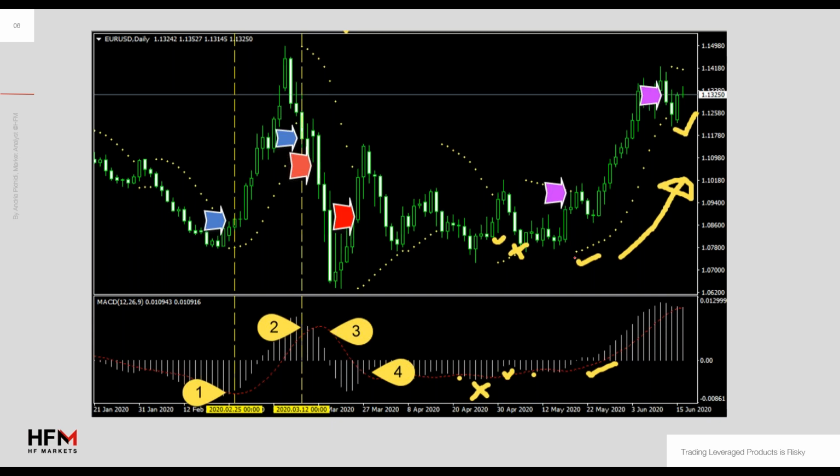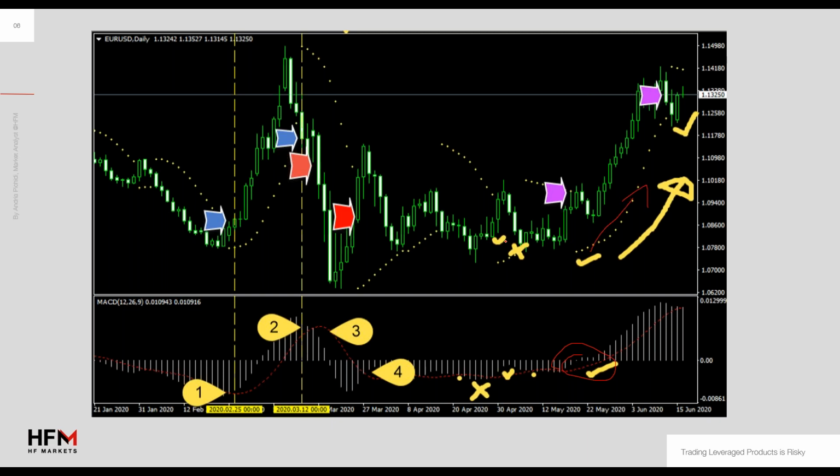Over here, the parabolic SAR turned below the price action. The MACD over here changed as well, as you can see. And actually not only do we have a crossover, but we have a change from negative to positive. So that was also an entry signal for going long.